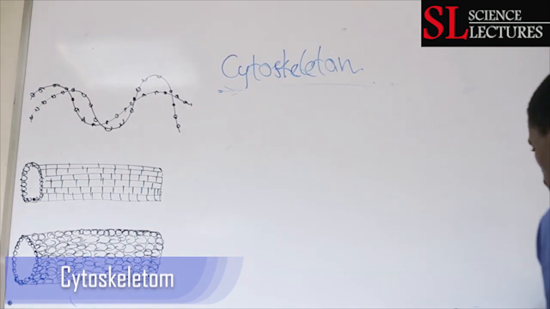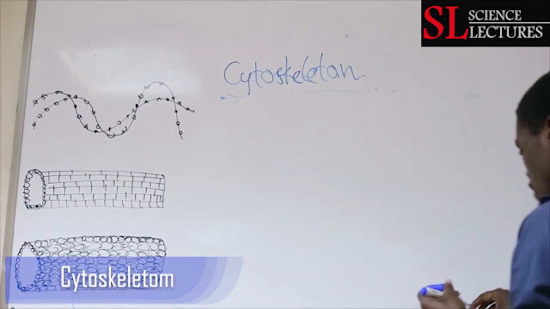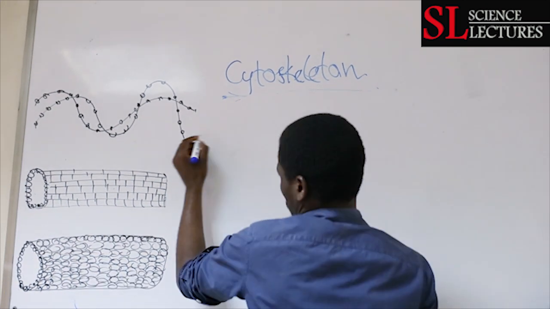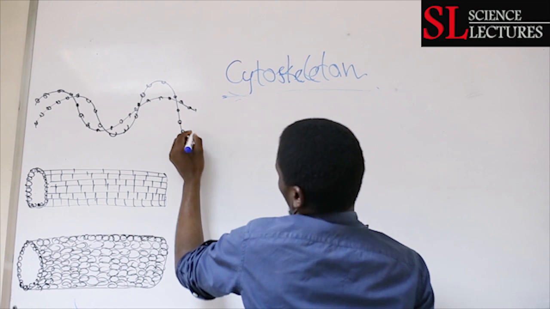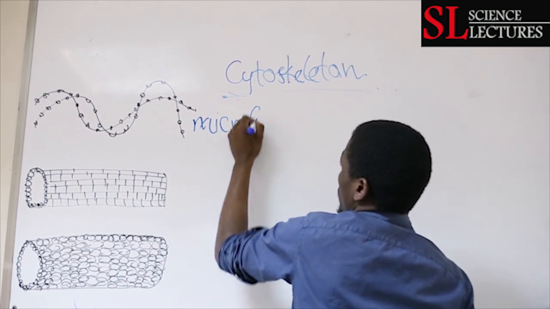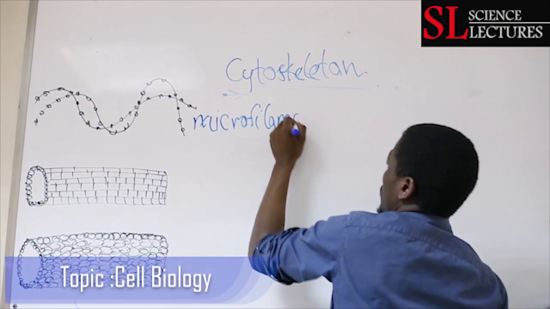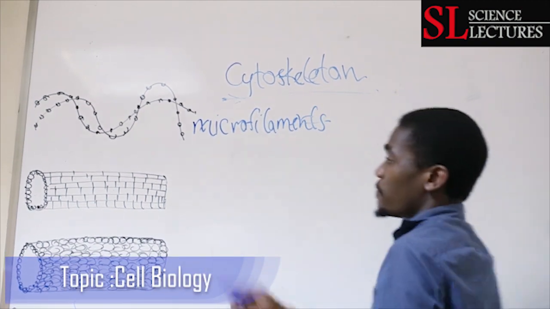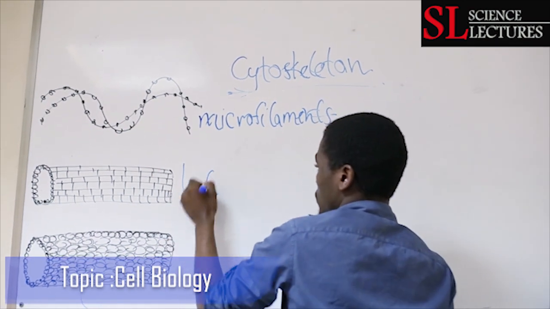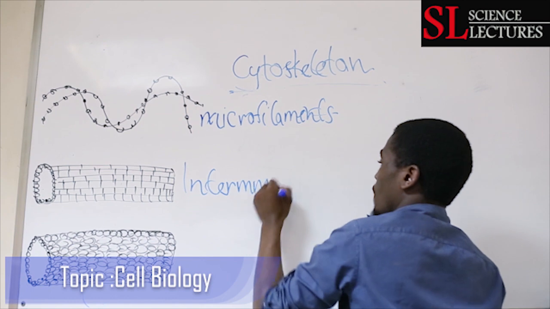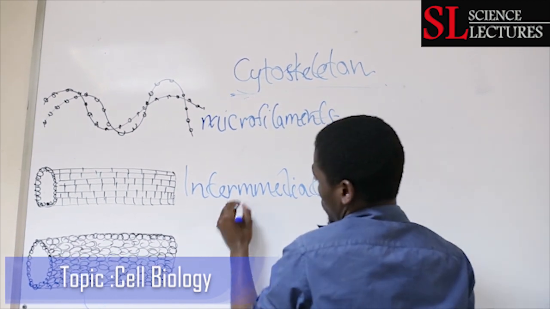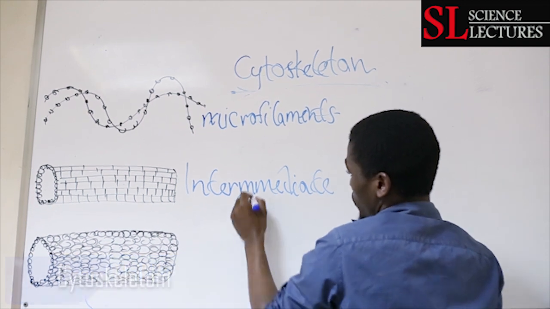We have the first filaments, and these filaments are called the microfilaments. Then we have the intermediate filaments.